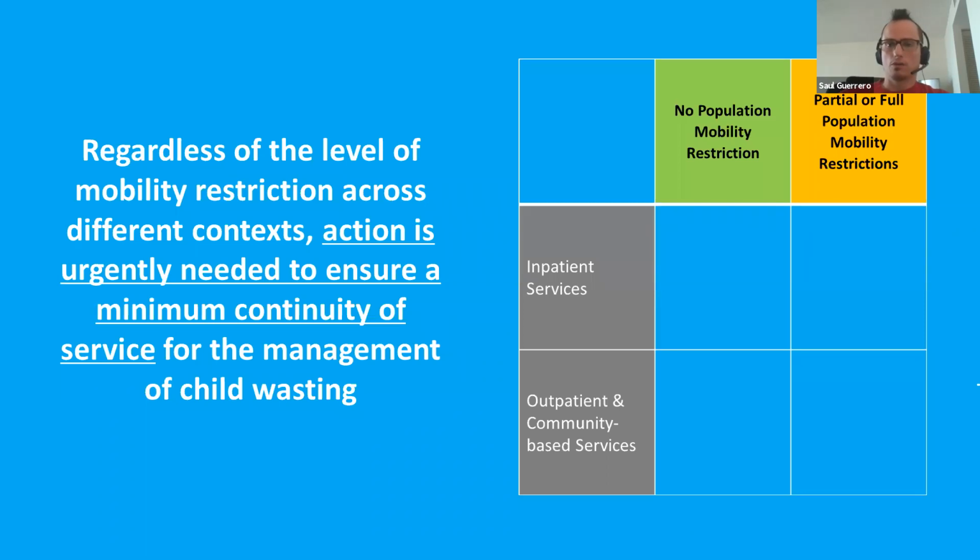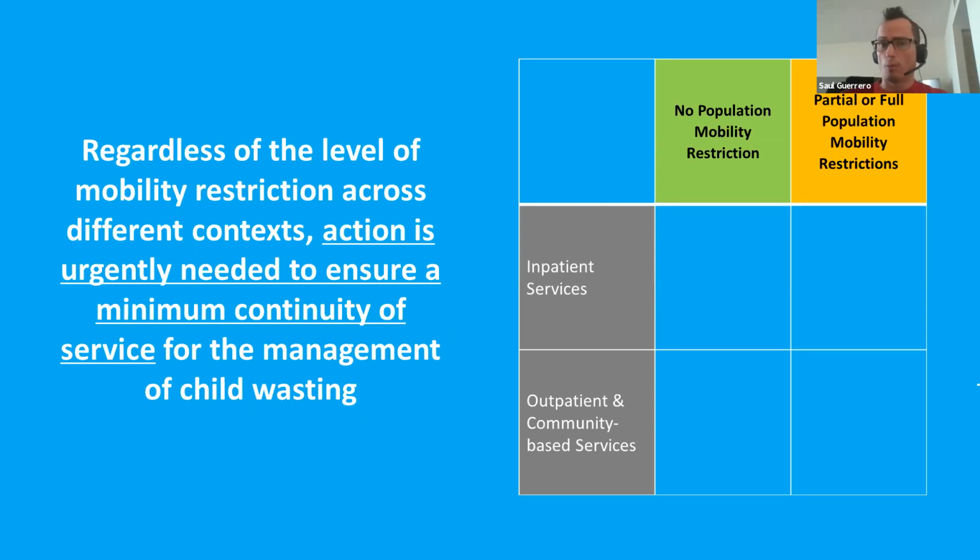Next. As I said before, regardless of the population mobility restrictions, there are actions that need to be taken to ensure the continuity of services. So the way we went about it was we took the management of wasting into its two broad components: the inpatient services and the outpatient community-based services. For each of those, we tried to consider two separate scenarios.